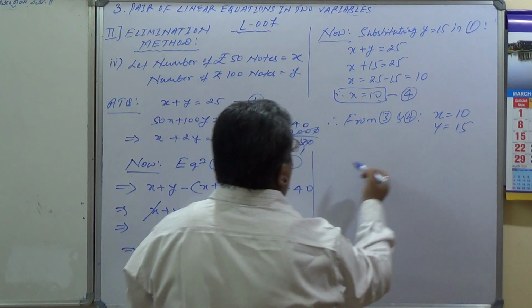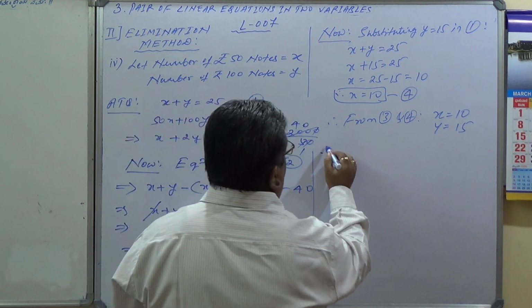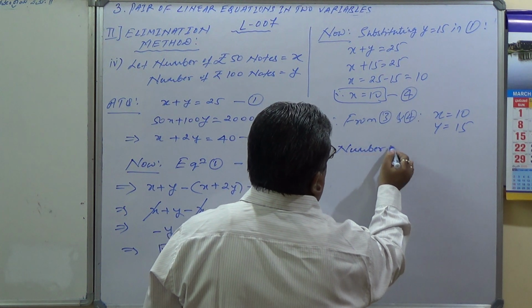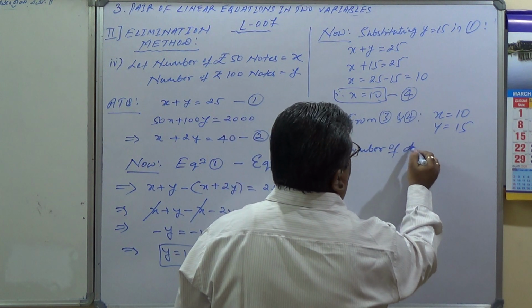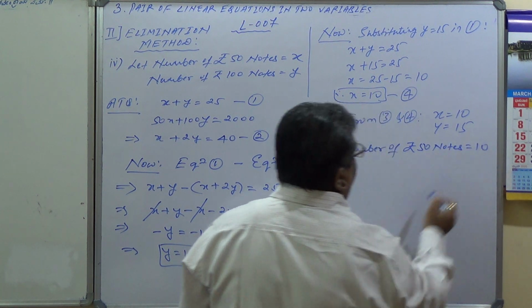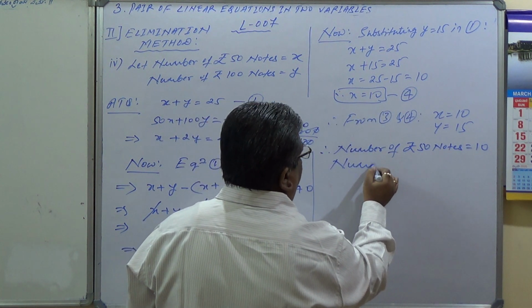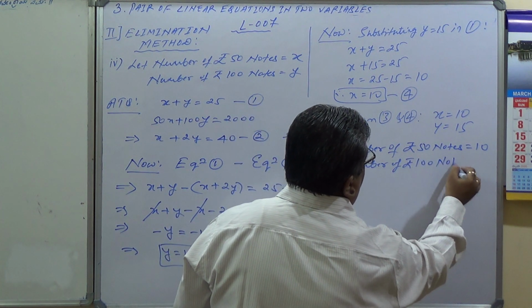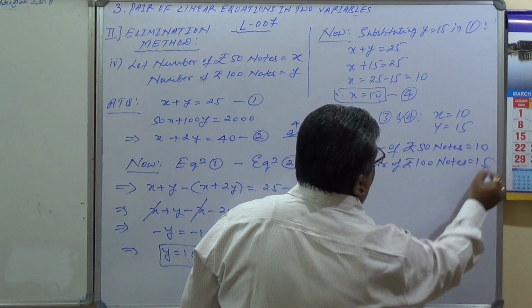Therefore, the final answer should be, number of rupees 50 notes equals 10 and number of rupees 100 notes equals 15.